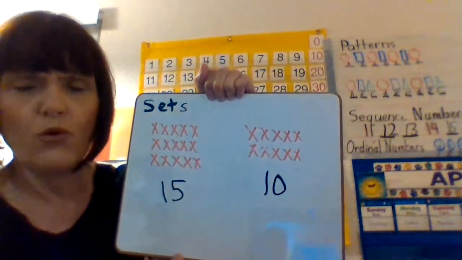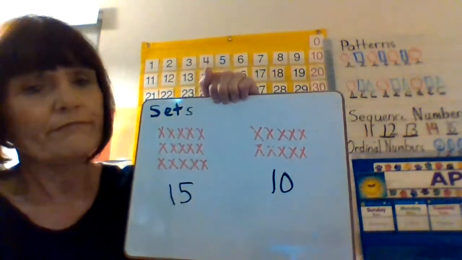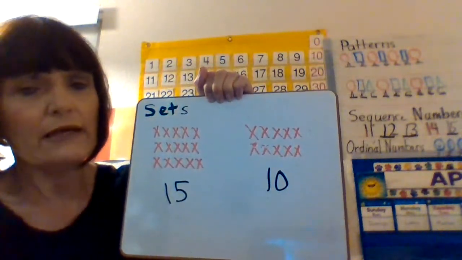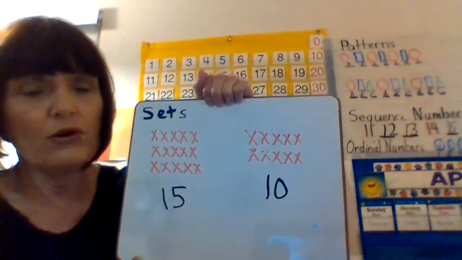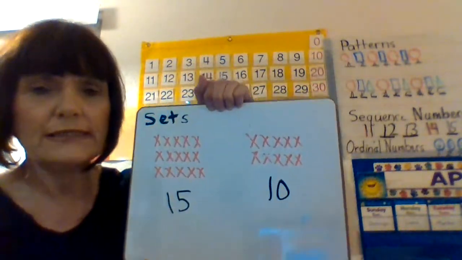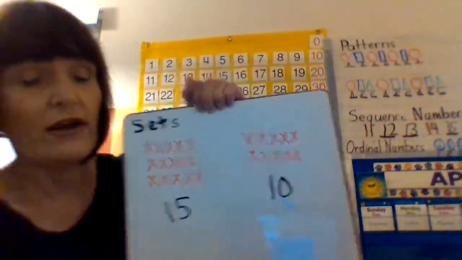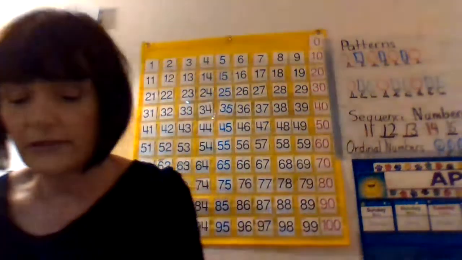How many more is 15 than 10? Well, I can tell that already. 5 more. All right. Good job on sets. I can show you sets past 25. I'm sure you can also.